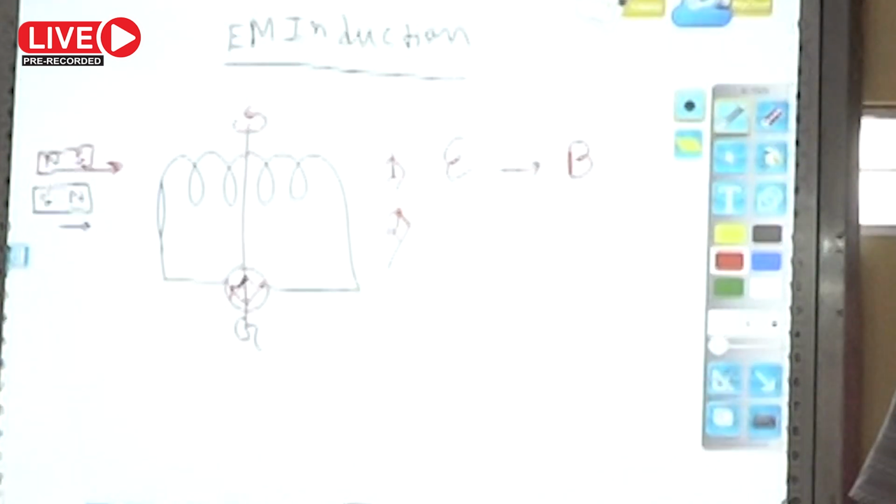Means again current flow will be there. Check, this is the diagram. If the coil is rotated like this, then there is an EMF induced in the coil and current will flow through the coil.